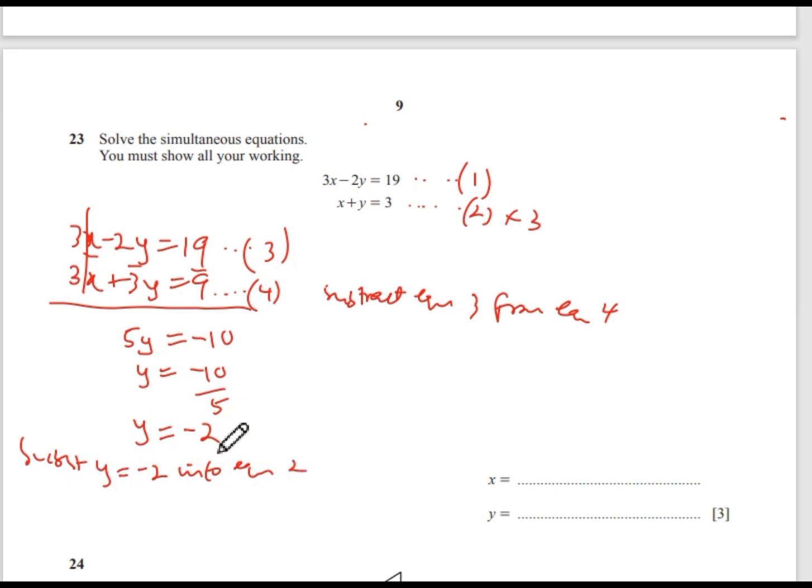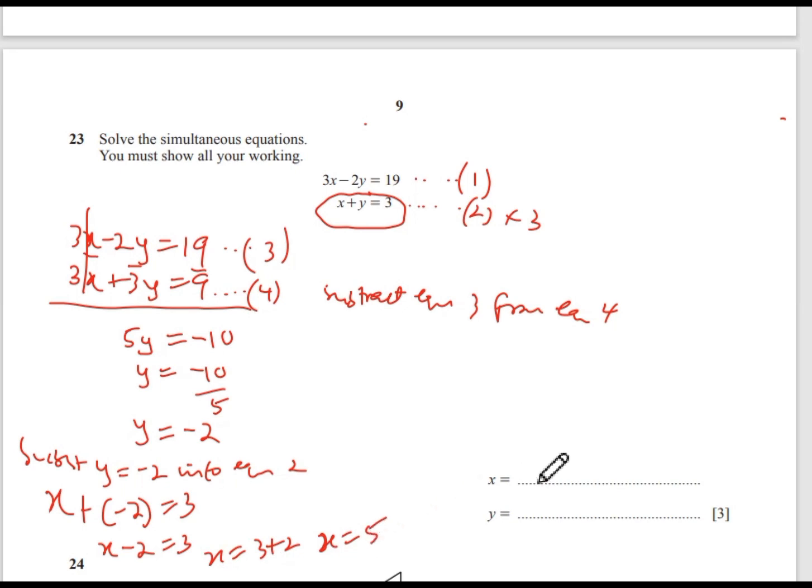That becomes x plus bracket negative 2 equals 3, which is x minus 2 equals 3. So x equals 3 plus 2, x equals 5. So our x is 5, our y is negative 2.